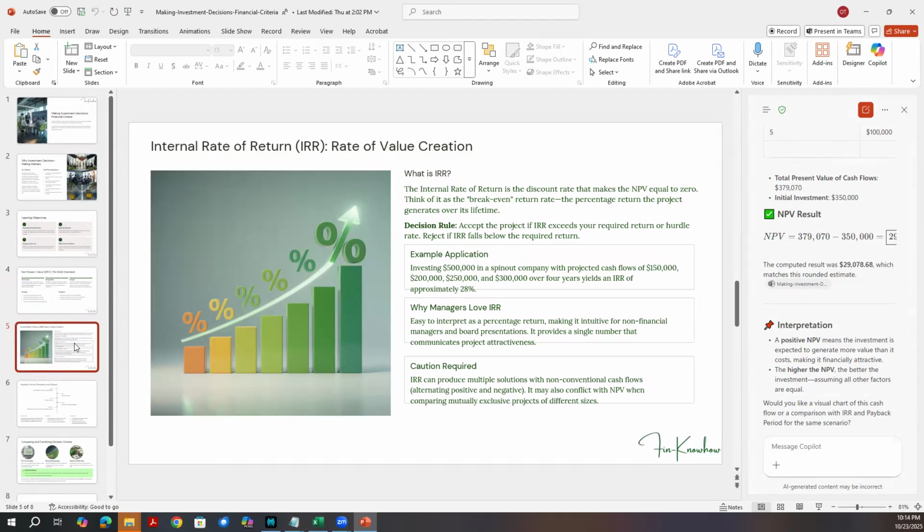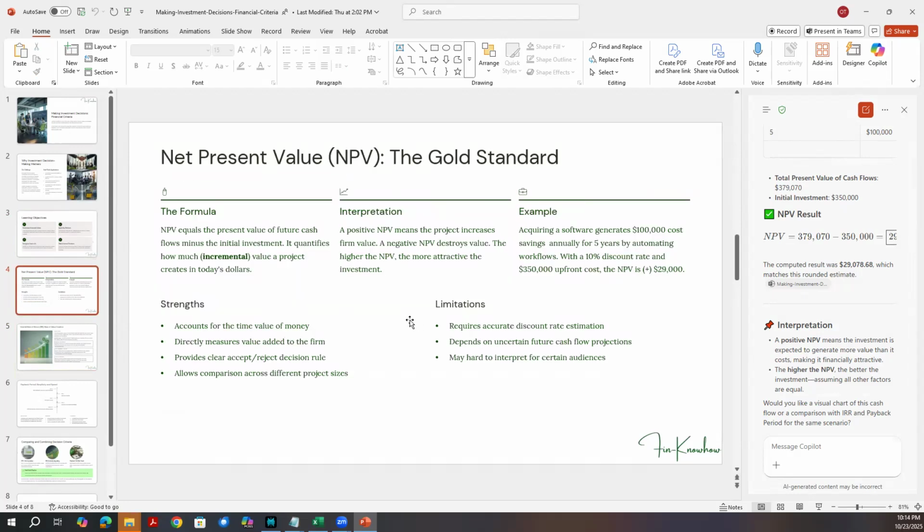If you go back to the NPV analysis, what we were doing is that you have the benefits, you have the cost, and you have the discount rate that you use, and that's how you do the NPV calculation.